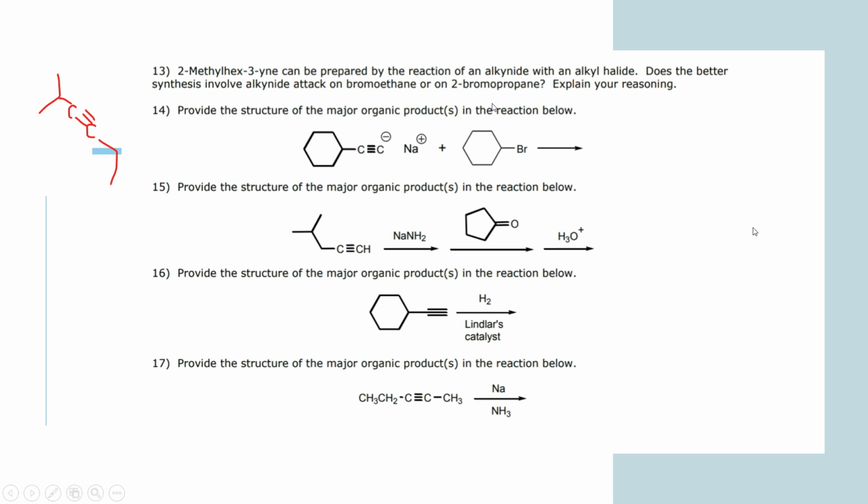Hence, if you want to synthesize this compound by substitution reaction of alkynide with bromoalkane, you have to choose bromoethane in this case. I hope this is clear.